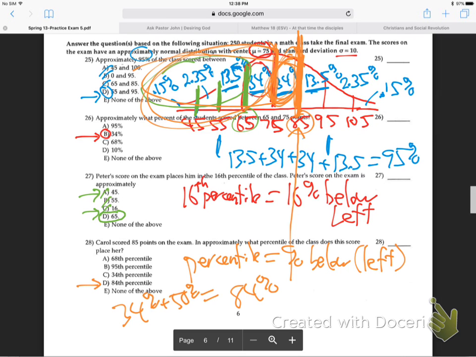So it's got to be 34 and 50%, which has to be 84. I mean, you could just add them all up by calculator. You get the same answer. I'm just doing a shortcut. Half the curve has got to be 50% plus the 34. Is that good? So percentile is percent below. That's a useful thing. In real life, people will use the word percentile. You want to know what that means.